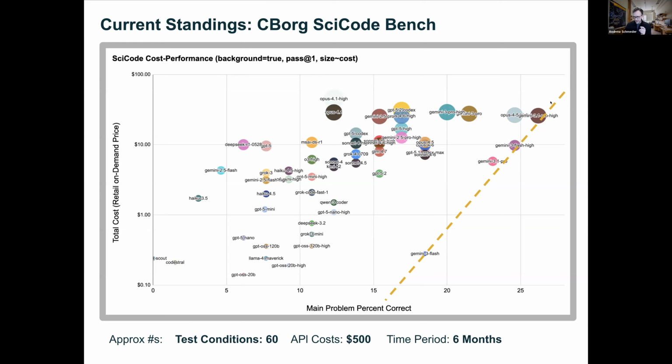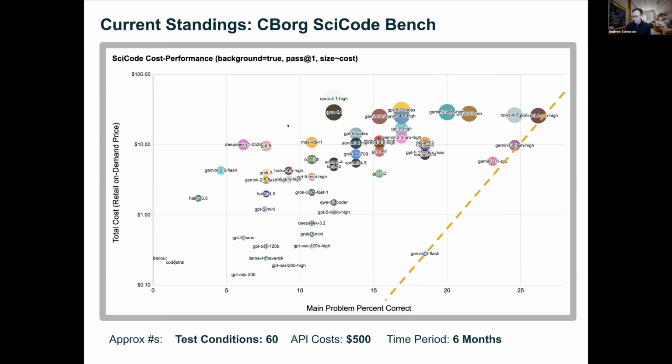And then this dashed line is the Pareto optimal frontier for cost versus quality, which currently runs right through the Gemini models. And actually, even over multiple generations, Gemini has consistently been at this frontier position.